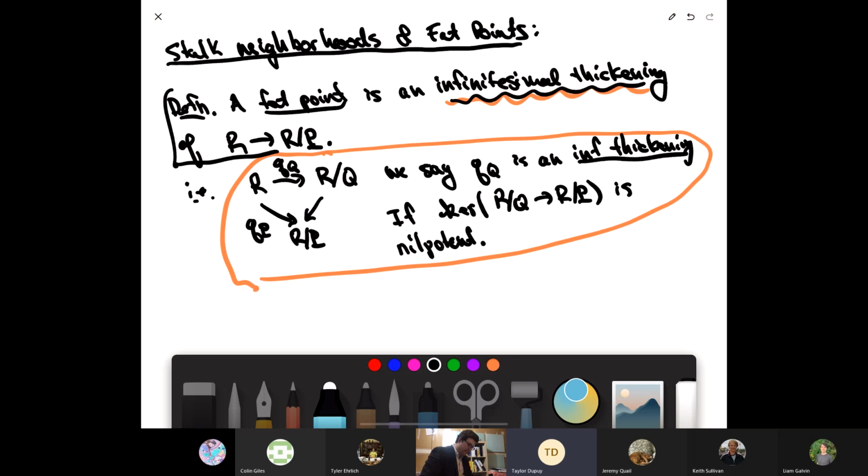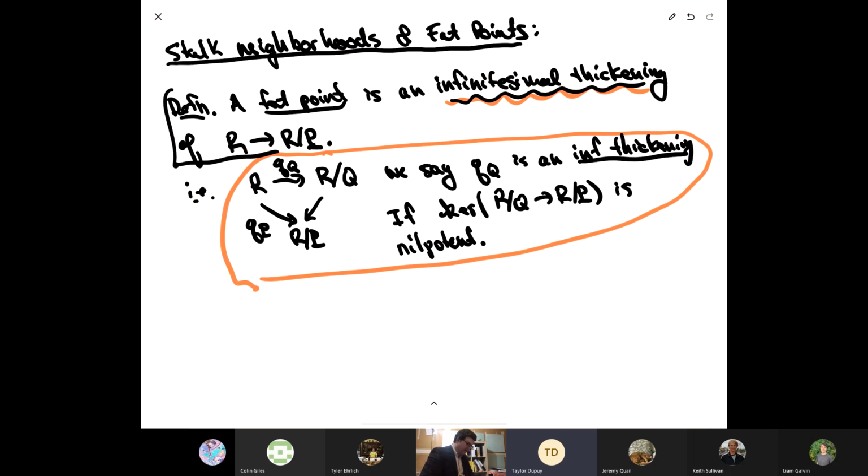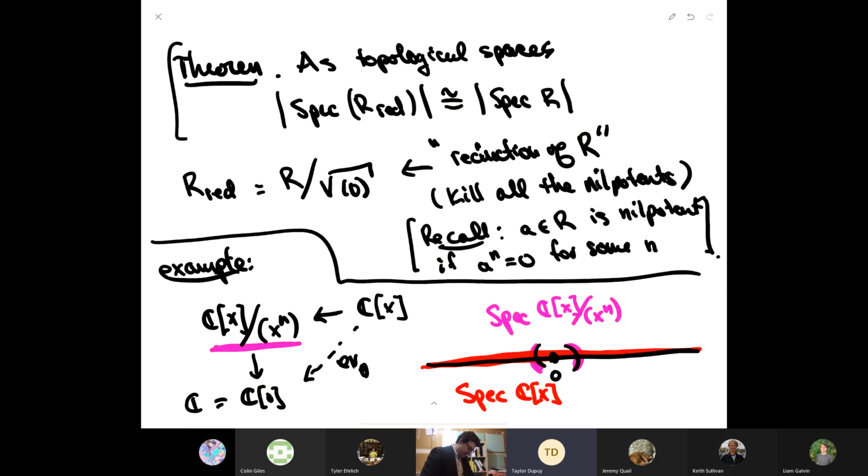In particular, this map here, this orange thing, is an infinitesimal thickening of the evaluation map, because notice that the kernel here is x to the n, and in this ring x is nilpotent.